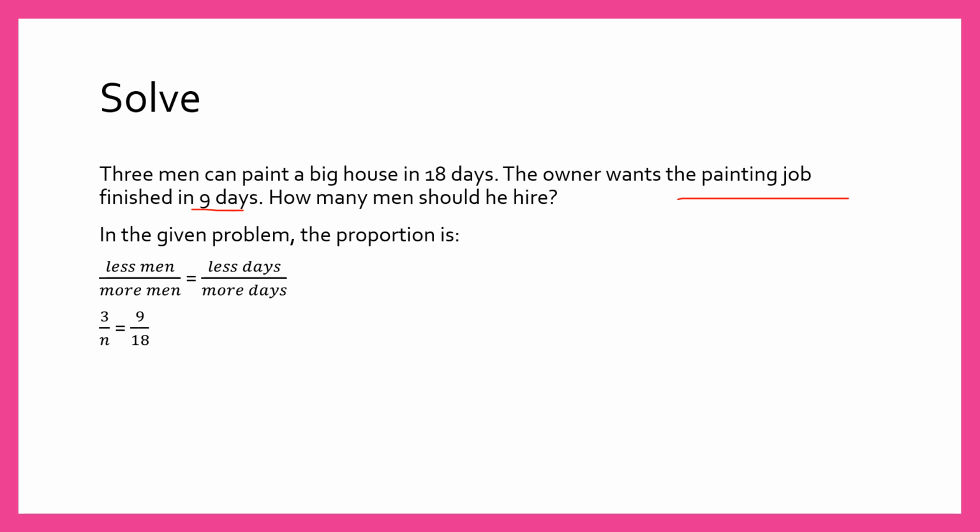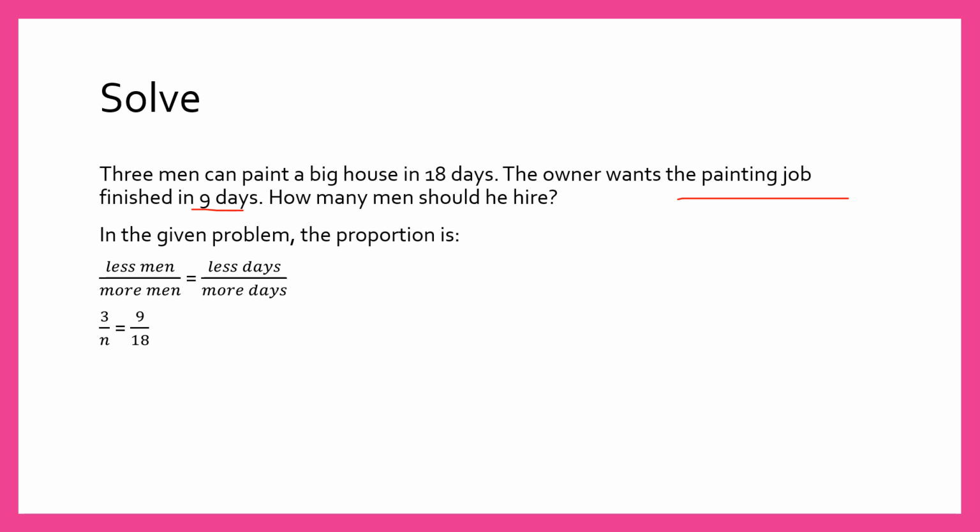So this is an example of a direct or indirect proportion problem. Now, in indirect proportion, as a quantity increases, the other quantity decreases.